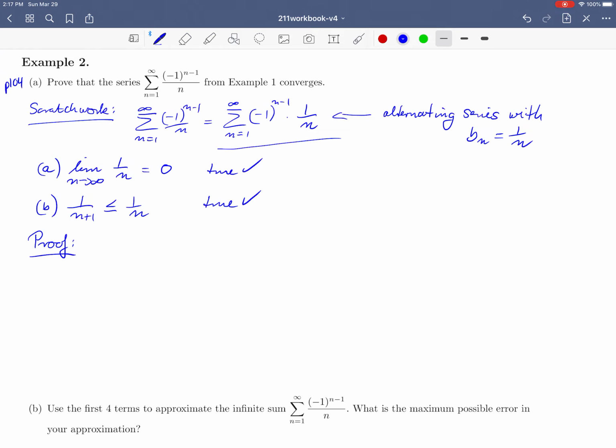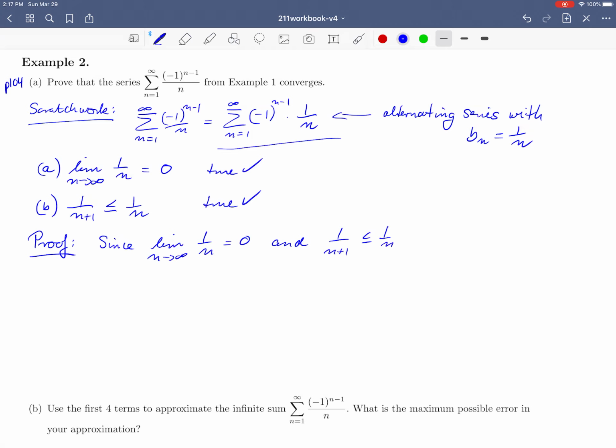Okay, this is our scratch work. Now we are ready to write our proof. And writing our proof just means to put words around our scratch work. So what do we have?